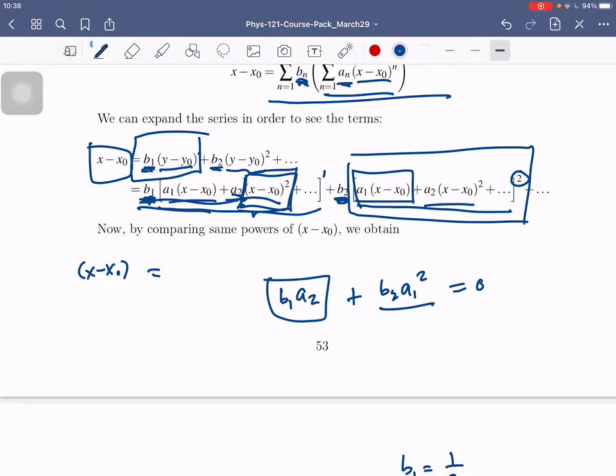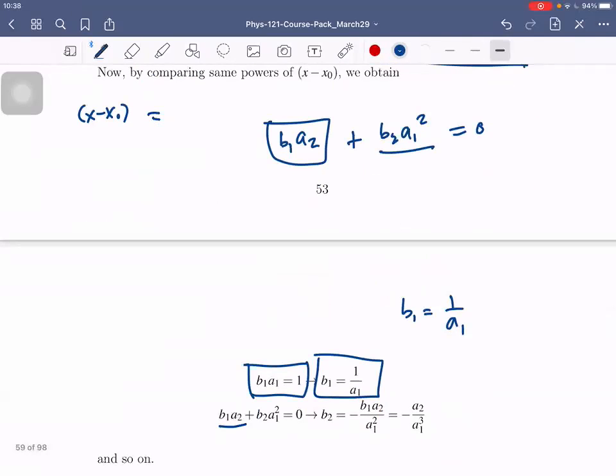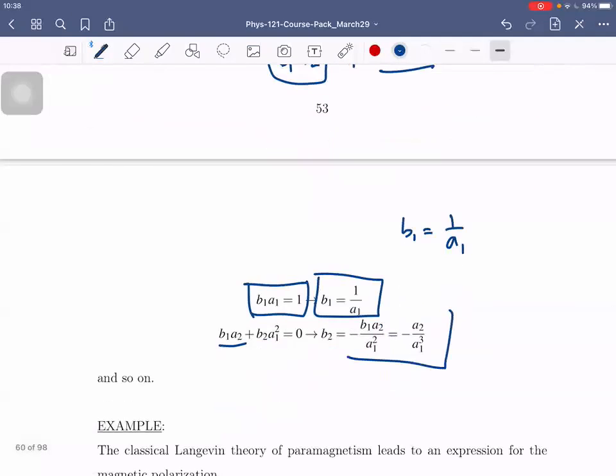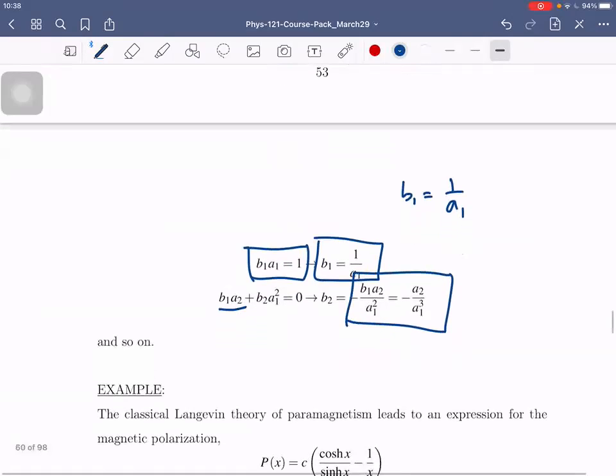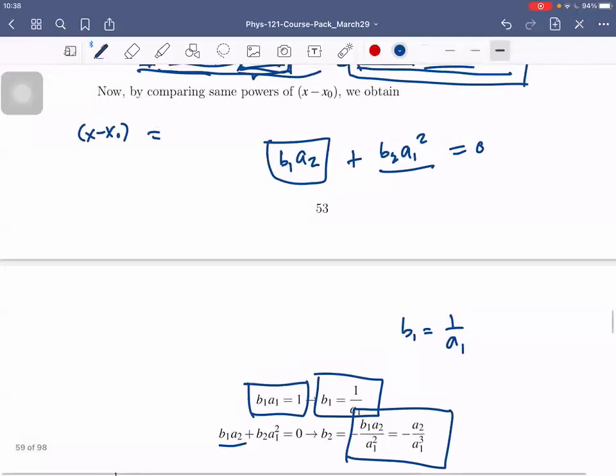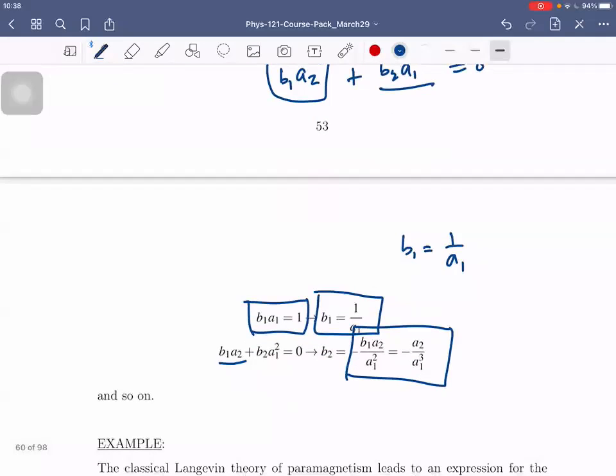Medyo weird lang kasi no, bakit yung expansion ng x minus x sub 0 ay may x minus x sub 0 squared. Of course, that is because yung definition natin ng power series. Okay? So yan. So if you do that, we have this expression. Okay? And so on. So medyo mahaba pag ilalagay pa natin iba. So let's just leave it at that.